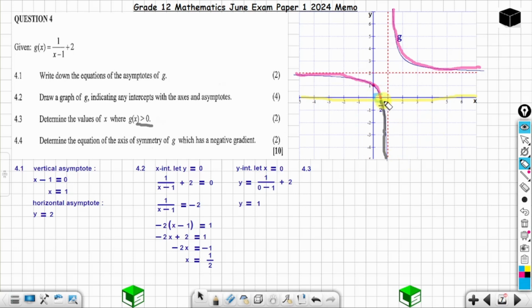At the x-intercept, the graph is equal to 0. At 1 over 2, the graph is equal to 0. You don't have equal to 0. You only have greater than 0.